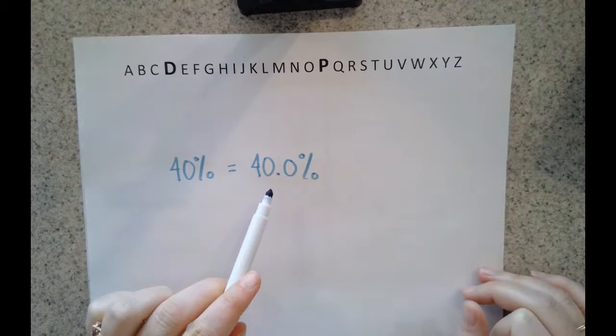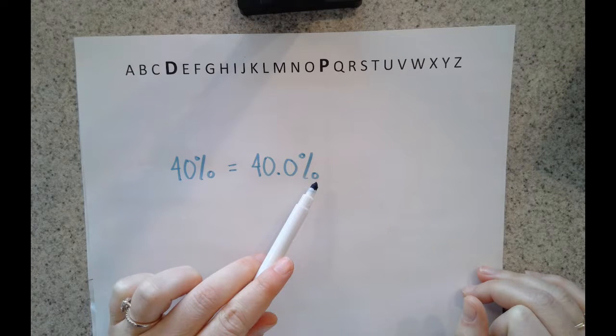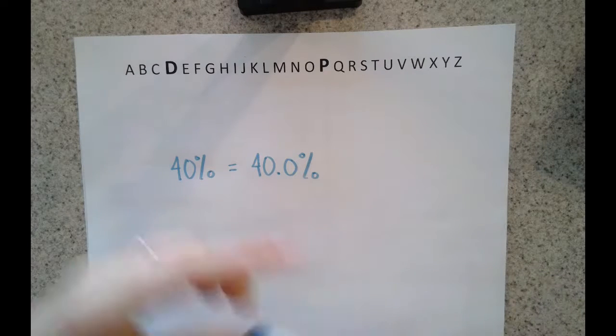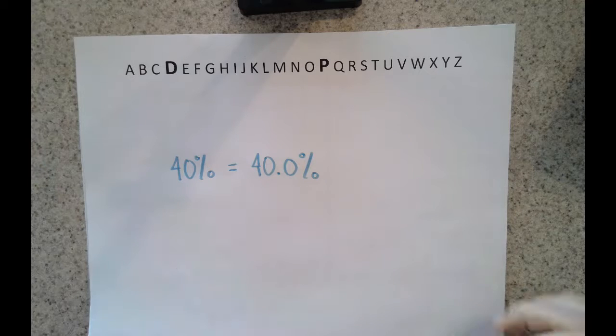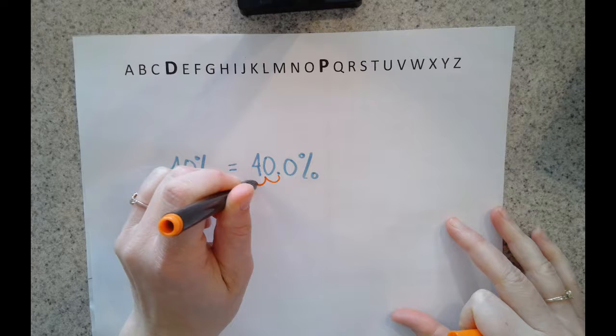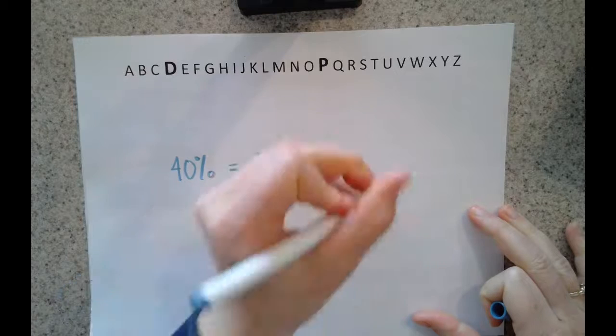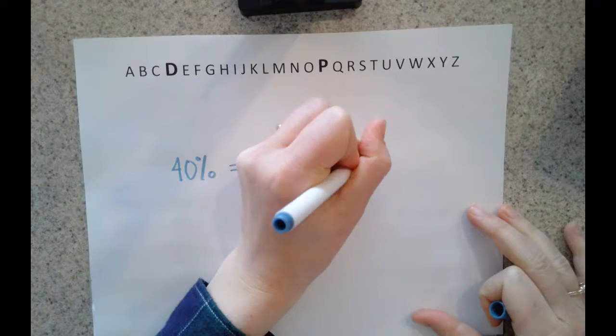Now to convert this to a decimal number and have it no longer be a percent, you do the exact opposite of what we did last time. You move the decimal 2 spaces to the left. Okay, and this becomes 0.4.